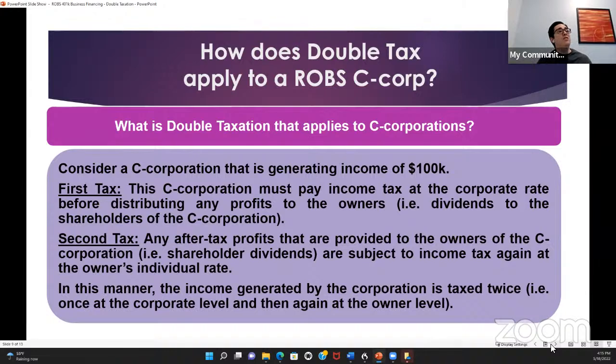So you can see in this fashion, the same $100,000 that's being generated by the business is being taxed twice. So that's just generally speaking at a high level, the concept of what is double taxation. Doesn't mean that this is how it applies to a ROBS funded business. This is just to understand first the concept.